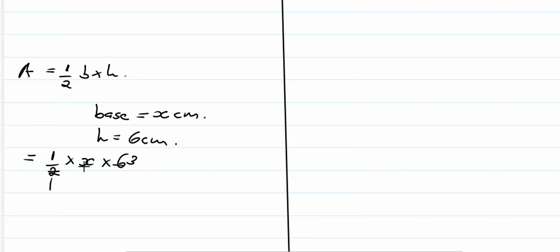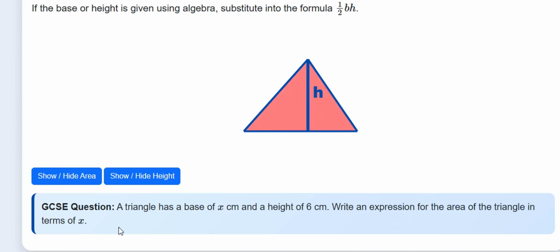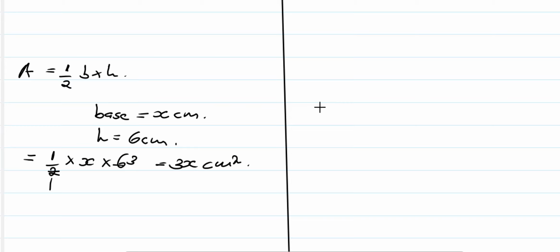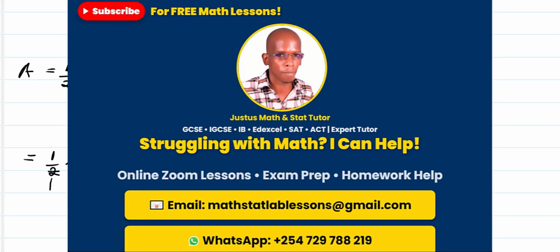So 3 multiplied by x multiplied by 1, it will be 3x centimeters squared. And that becomes the area of that triangle, because you are told to write the expression in terms of x. So it will not give you a complete answer. It will give you an expression. And that's how we find the area of different triangles in different situations.